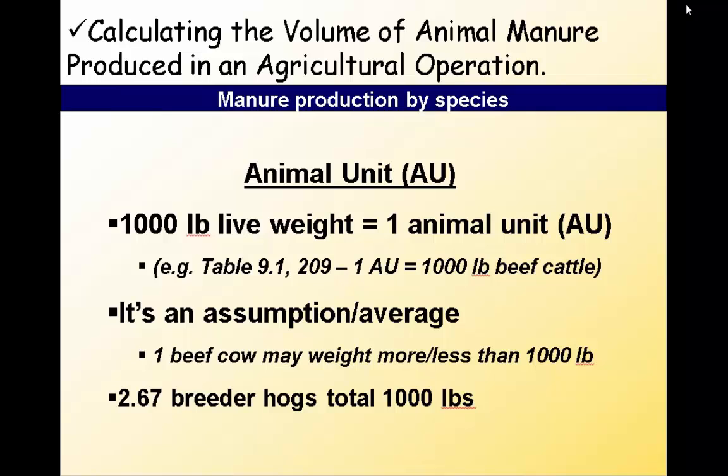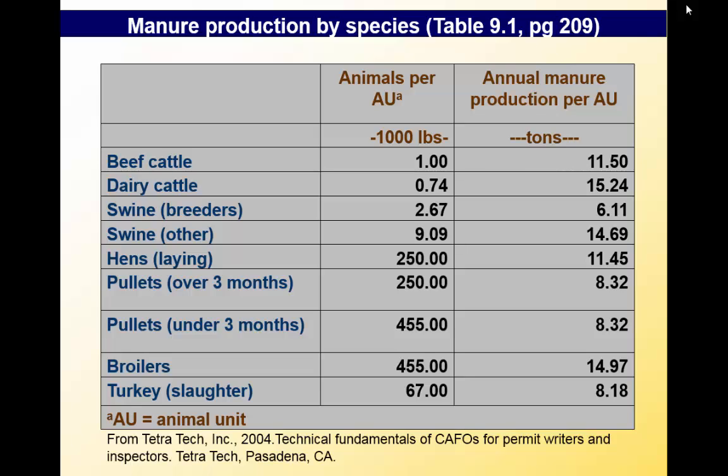So that's what an animal unit is. And there's a table in Chapter 9 that has some estimates. So if one animal unit is 1 AU, then a 1,400-pound Holstein is 1.4 AUs, 1.4 animal units. Here's Table 9.1. It's on page 209, Chapter 9.